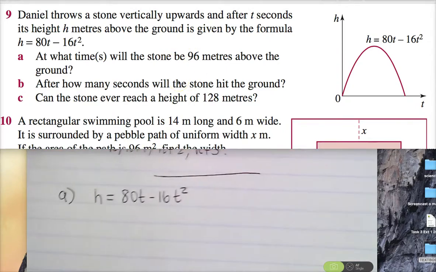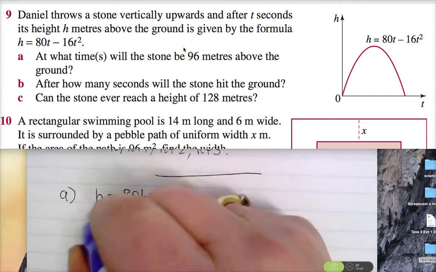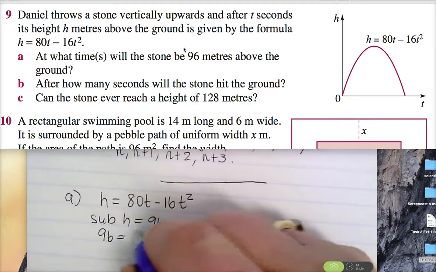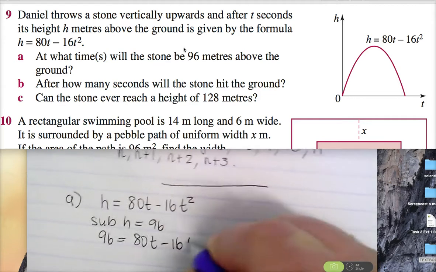Into the h. Meters above the ground. Read the question. The height h meters above the ground. T is time. So what do I substitute 96 for? H. So I sub h equals 96, and I get 96 is 80t minus 16t squared.